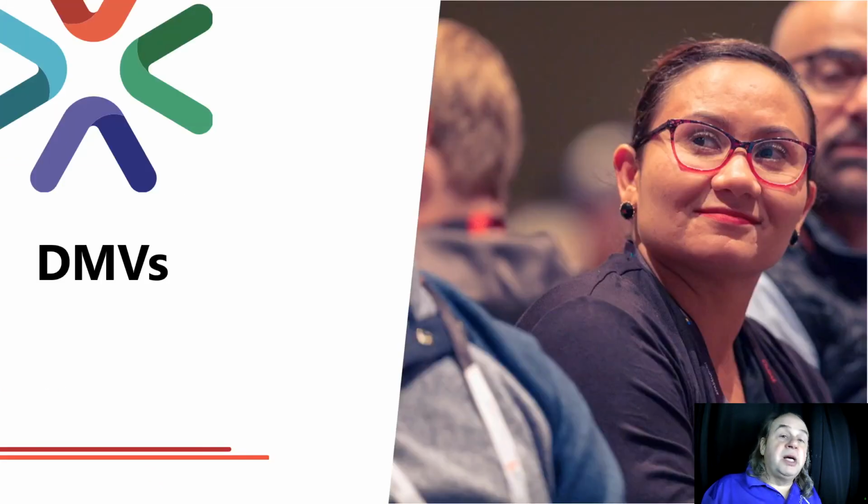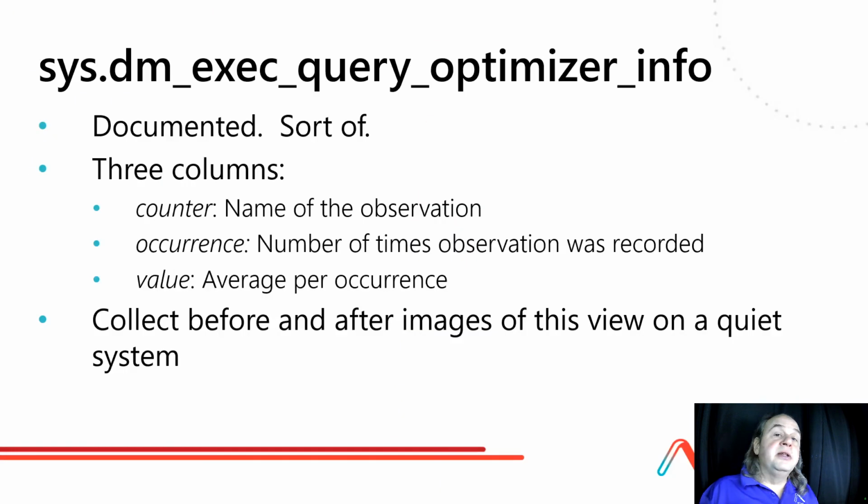There are a couple of DMVs that are kind of interesting to look at here. The first of these is called exec query optimizer info. There's 3 columns that are of particular interest to us. The way that this DMV outputs information is that you have basically these 3 really important columns. The first column is the name of an observation.